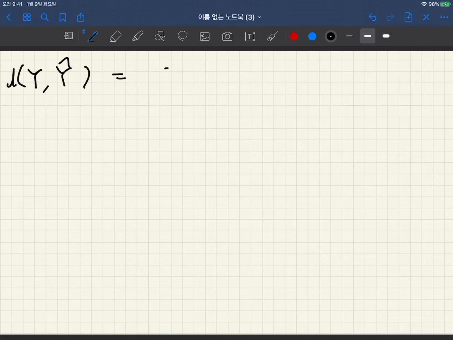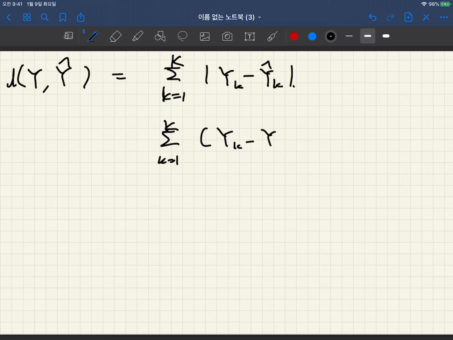As in the regression task, we can define a loss function using the absolute error, or this squared sum. Okay, but we already discussed those for the regression task, and they are not interesting loss functions for classification.